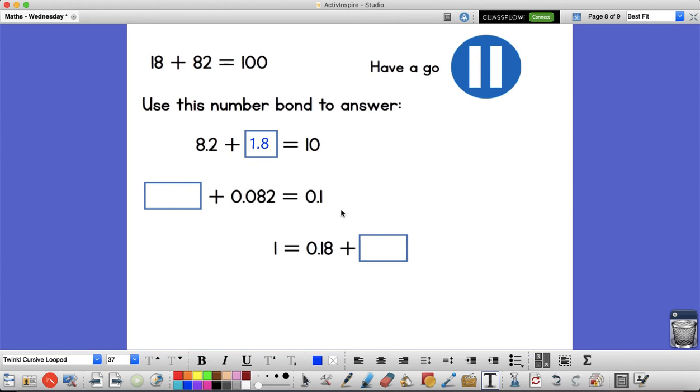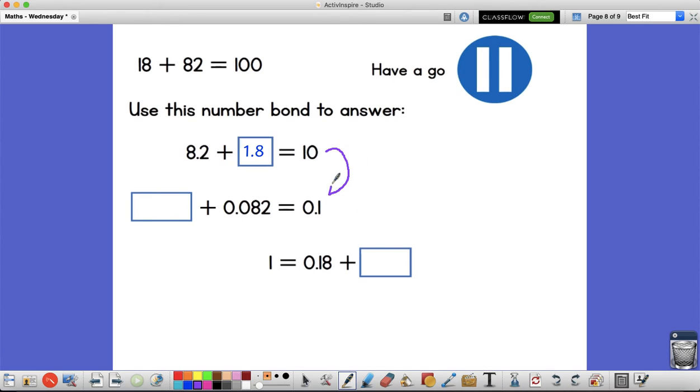This time now, we've got 8.2 turned into 0.082. So it's not just been made 10 times smaller; from there to there, it's been divided by 100. It's moved 2 places, which means it's been made 100 times smaller.